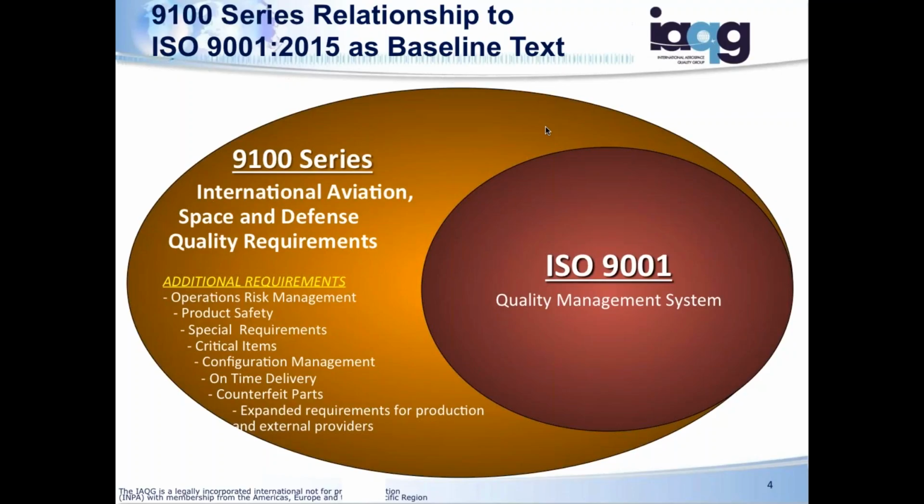Also, within aviation, space, and defense, few of our suppliers, especially as you go deep in the supply chain, are 100% aviation, space, or defense. So therefore, they have customer requirements for ISO 9001.